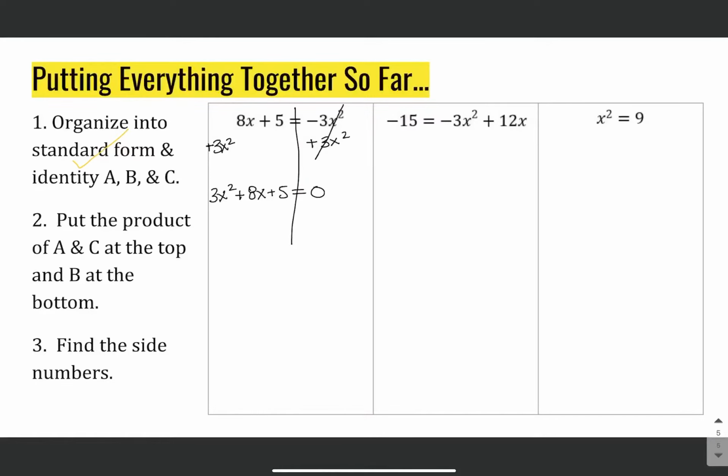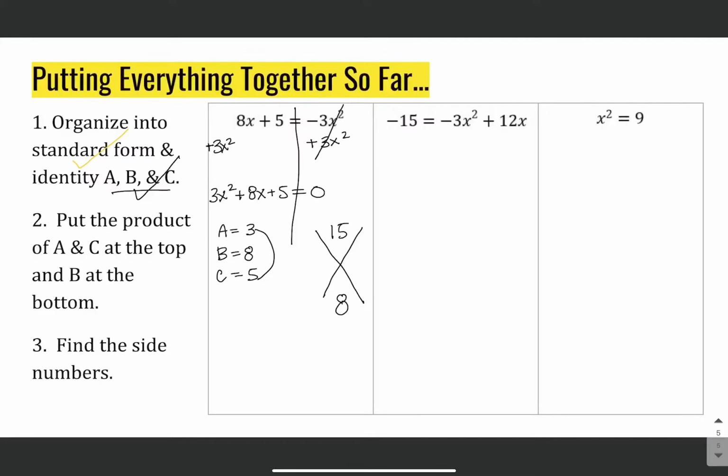All right, now we've gotten the standard form. We need to identify A, B, and C. So I can tell that our A is equal to 3, our B is equal to 8, and our C is equal to 5. All right, that's done. Now we need to set up our X, again, just to help us organize ourselves. So if I'm setting up my X, remember that 3 times 5 is at the top, so 3 times 5 is 15, and 8 goes at the bottom.